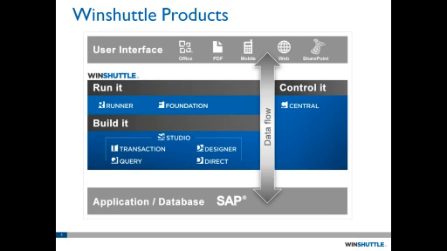Although I don't want to really get into the actual products today, I just want to give you a little bit of exposure to what you would need in order to deploy a Winshuttle solution. And it's really three components. The one component is build it, and that's the super user, the authoring licenses.